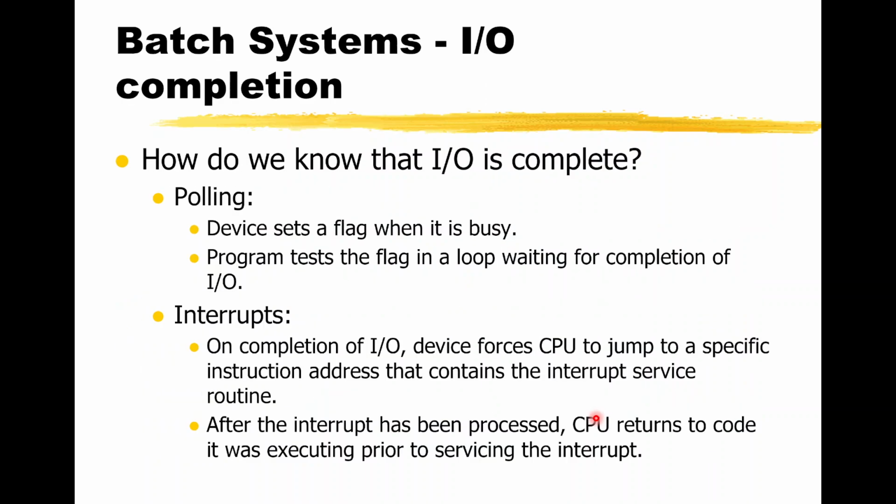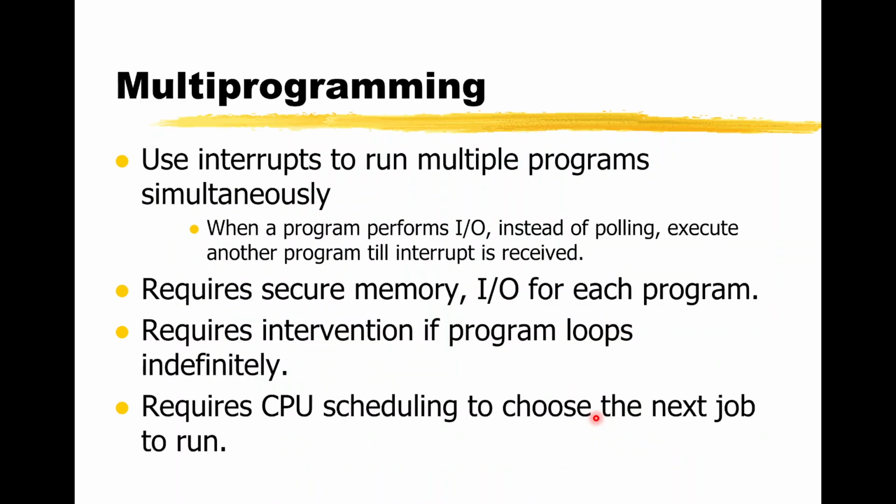All right, remember that polling meant it has to keep on checking whether it has finished. But this one says that once the program has performed its I/O, instead of checking if the device is available, just jump to another program until an interrupt is received.